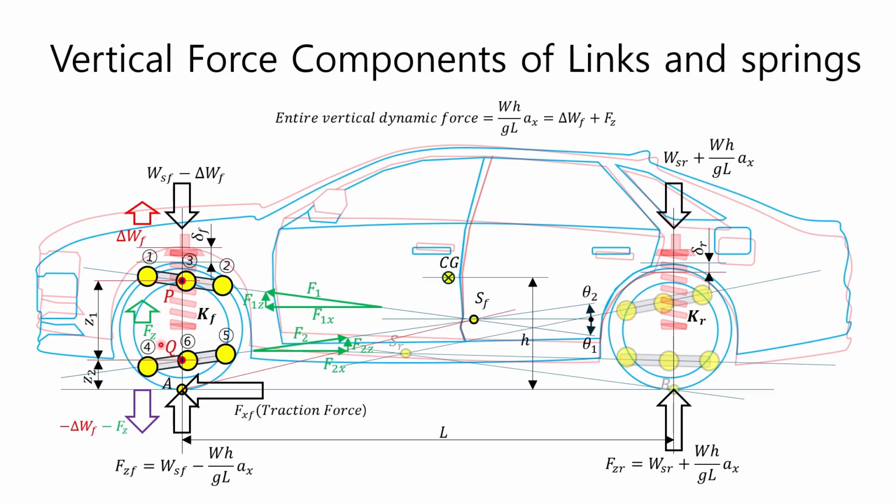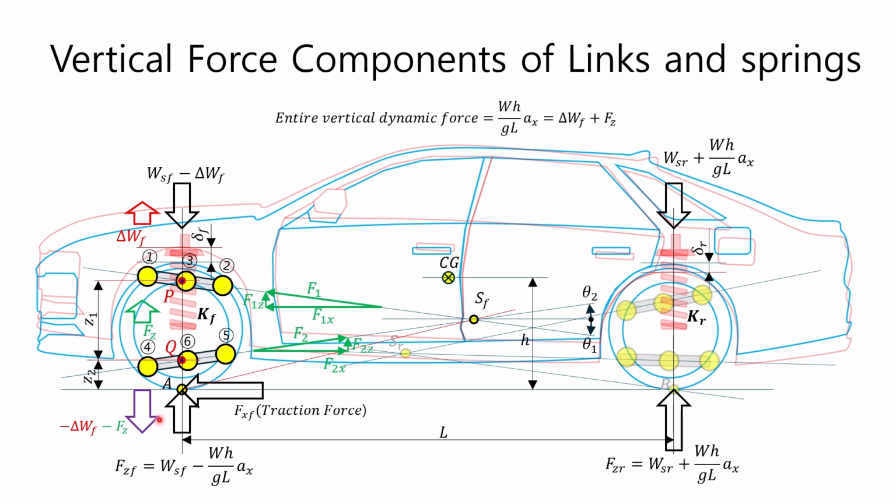As previously discussed, in a vehicle with suspension geometry, like the example in this figure, when driving force is applied to a front-wheel drive vehicle, the vertical components of the links acting on the front suspension upper and lower arms also act vertically upward, and the vertical component of the spring also acts vertically upward. Therefore, in this case, the ground reaction force for the vertical dynamic load acting on the front wheels is negative, indicating that the direction of the force is vertically downward.